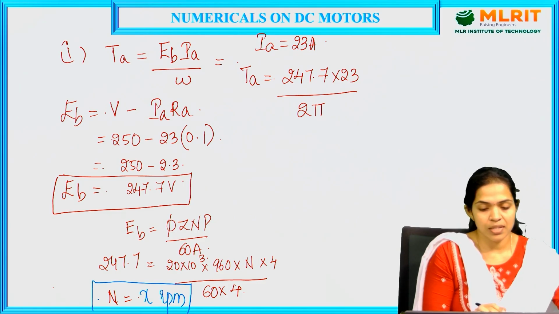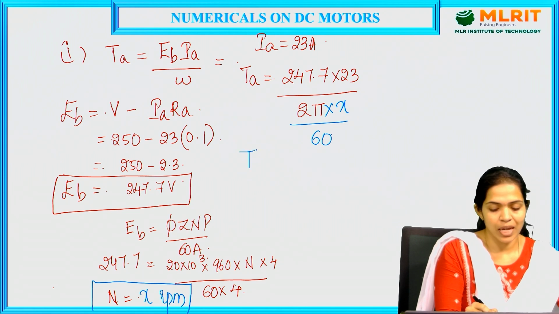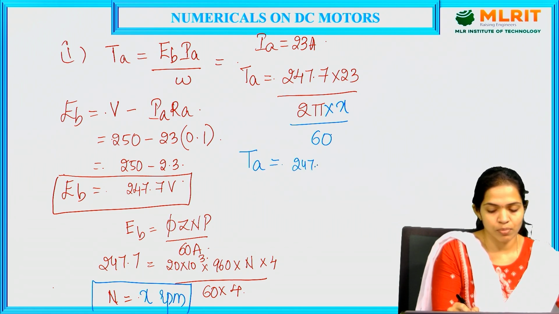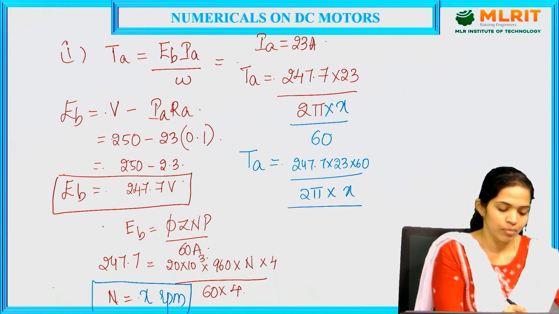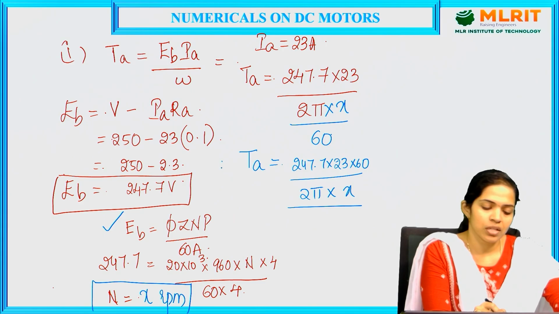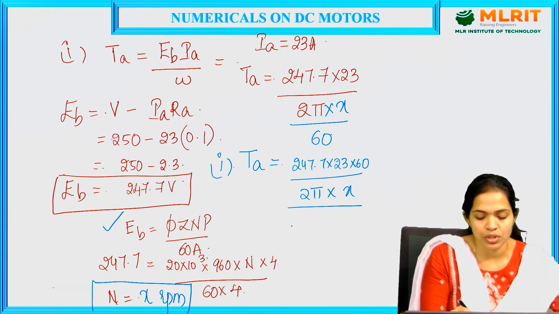Substituting this speed value here, x divided by 60. We get our armature torque, which is nothing but 247.7 into 23 into 60 divided by 2 pi into the speed which we have derived here from the EB equation. So with this we found our armature torque. From this he is asking us to find out the efficiency.